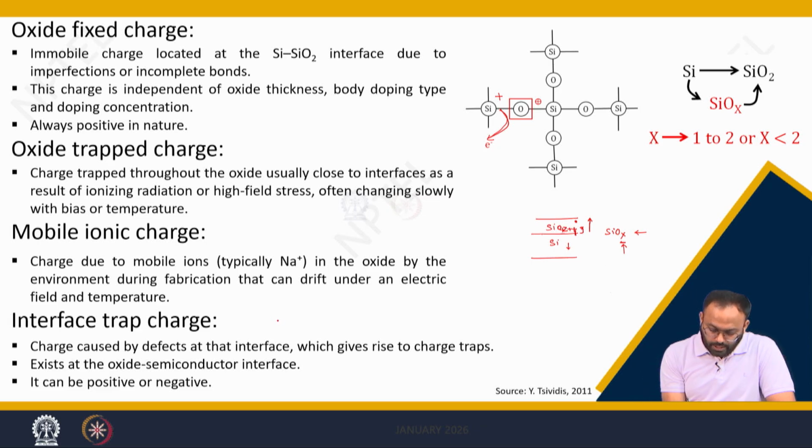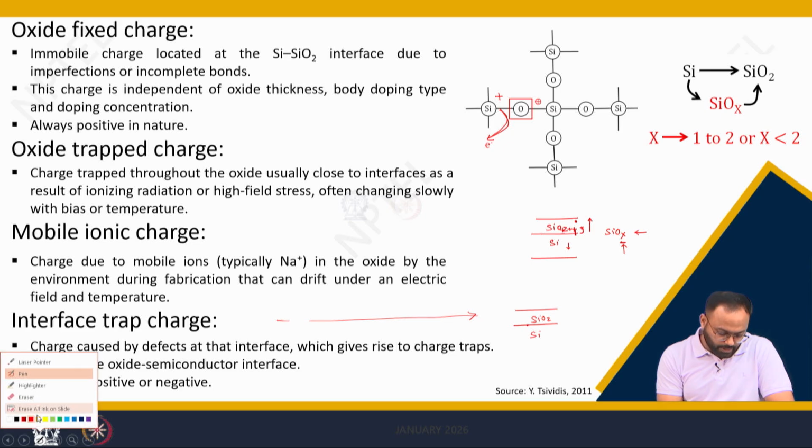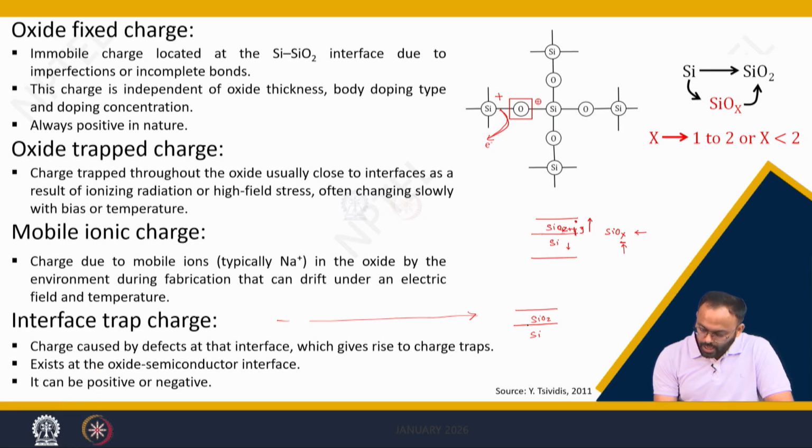Interestingly, there is another type of charge which is interface trap charge, meaning you have a silicon dioxide, and exactly at the interface what will happen? If I show you like this, you have a silicon wafer: one silicon atom, another silicon atom, another silicon atom. These silicon atoms make covalent bonds with the 4 neighboring silicon atoms.